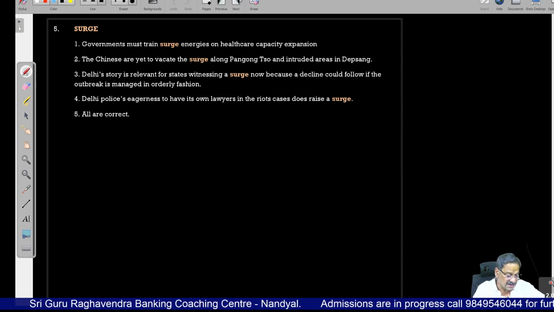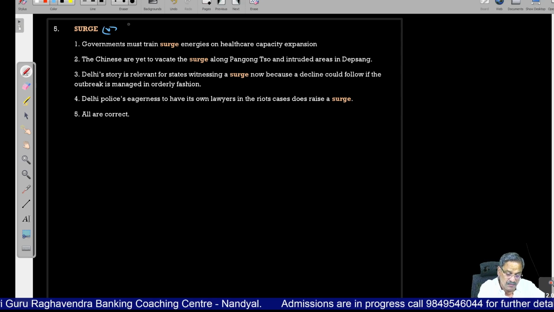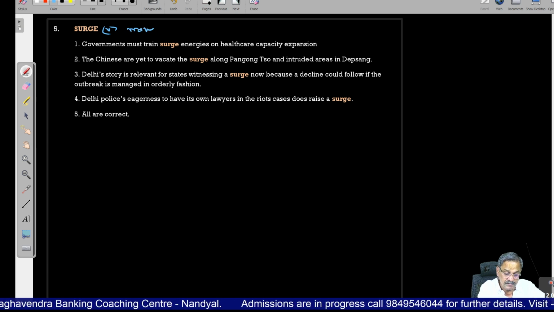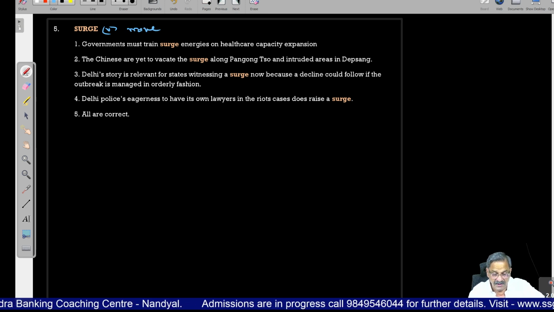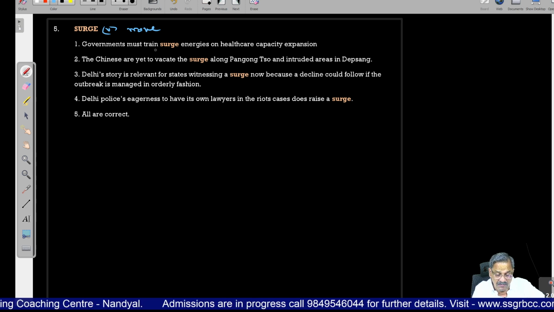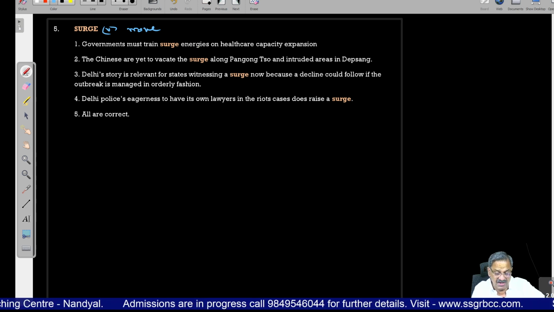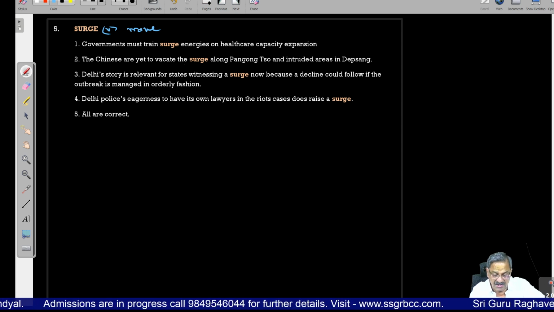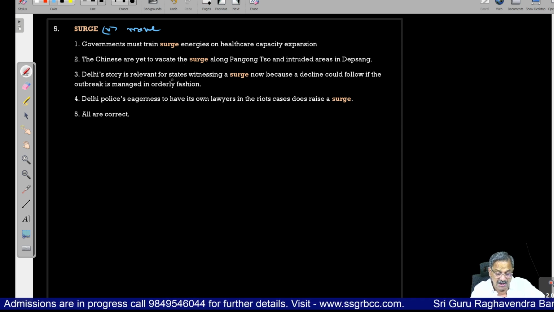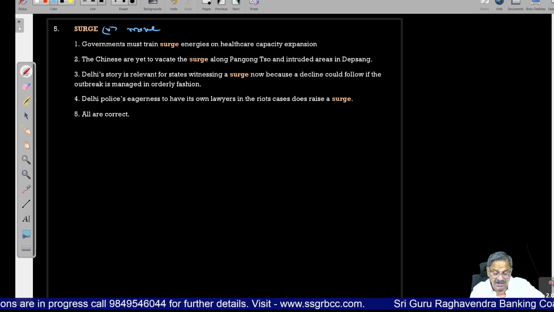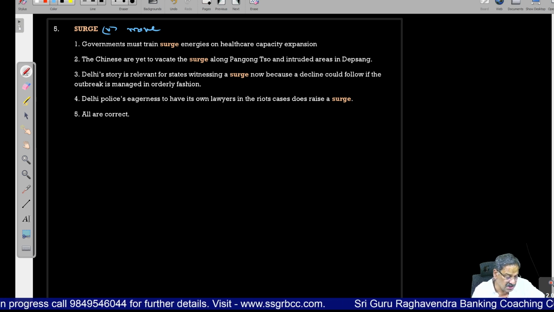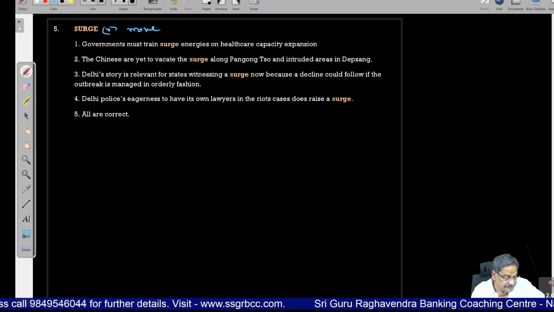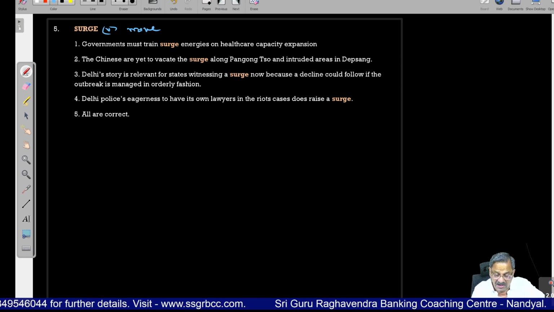Then surge, surged, surged. This is a verb. Surge means move, move further. Governments must train surge energies. No. The Chinese are yet to vacate the surge. Delhi story is relevant for states witnessing a surge. Witnessing a surge means witnessing a movement.